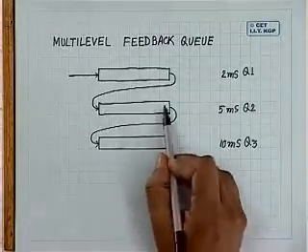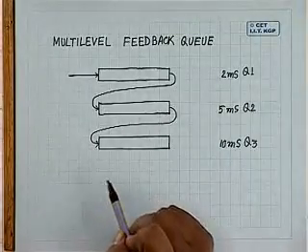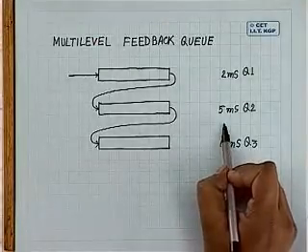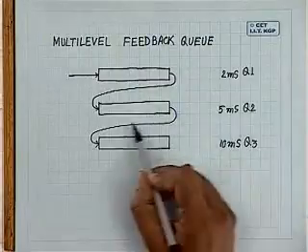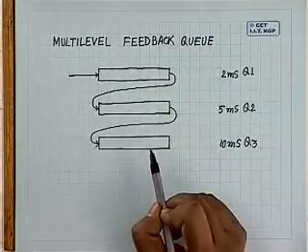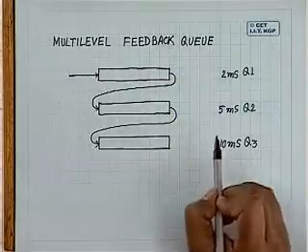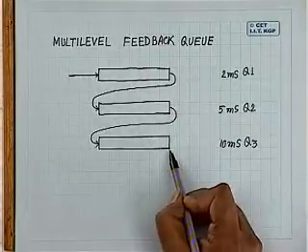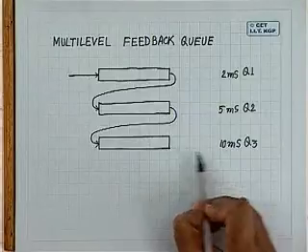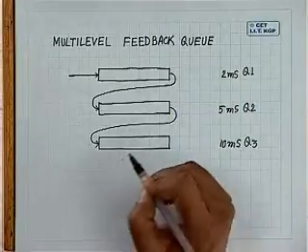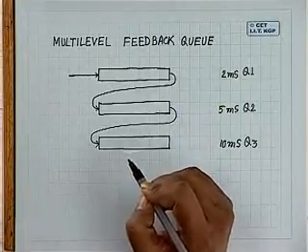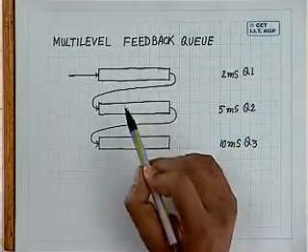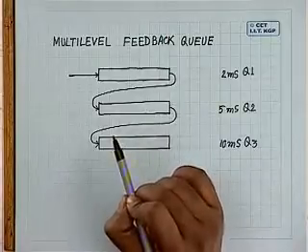In queue number 2, if I find that the CPU time requirement of a job is less than 5 milliseconds, it will remain in this queue only. If the CPU burst duration of the job is greater than 5 milliseconds, I will push the job into the last queue, that is queue number 3, where the time quanta is 10 milliseconds. In each of these queues, the jobs will be allocated in round robin fashion.